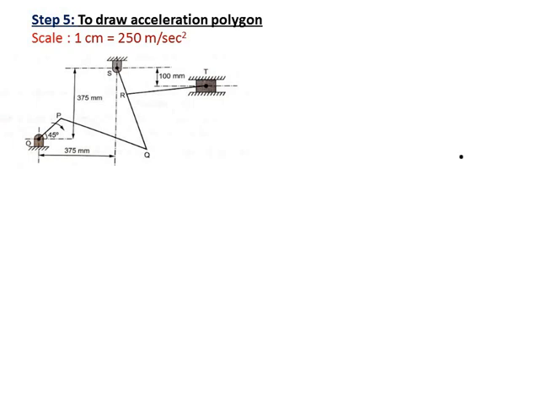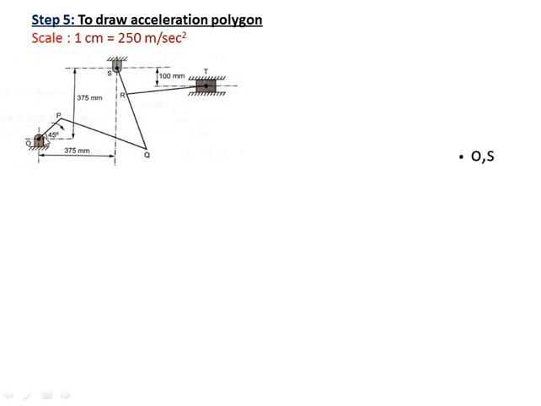Now again you have to take a reference point. Whatever are the fixed links in a mechanism, those are to be considered as reference points. So here O and S are the fixed links in the mechanism with which we will start our acceleration polygon. Now we will always start with the crank. So OP is the crank.